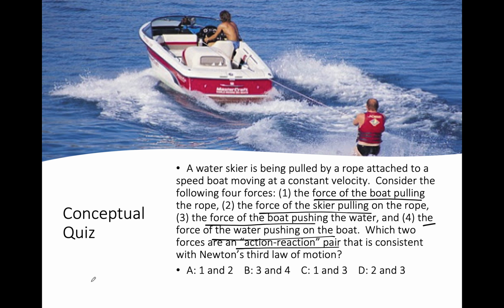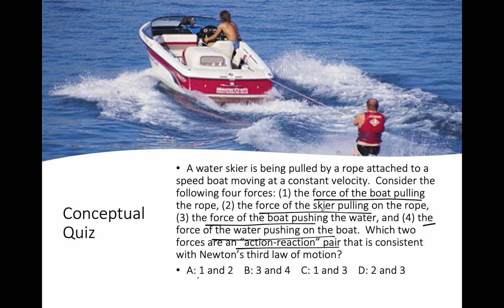Now, what's the requirement for an action-reaction pair? It has to be between object A and object B. So those two forces can only involve two objects. So let's see 1 and 2. Boat pulling rope, skier pulling rope. Force 1: boat, rope.